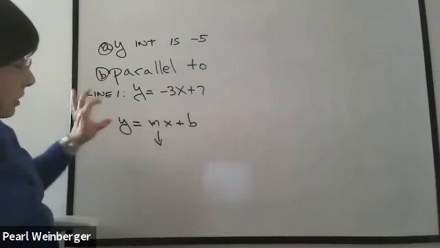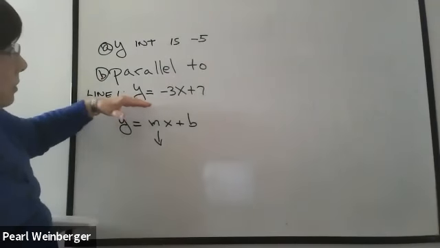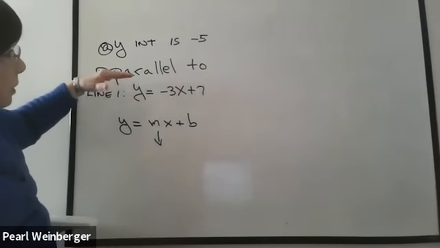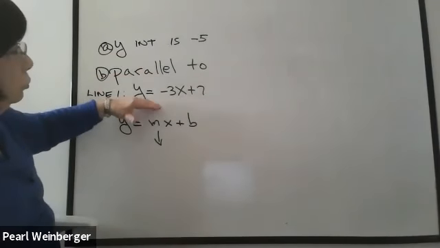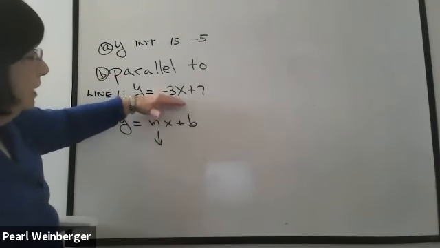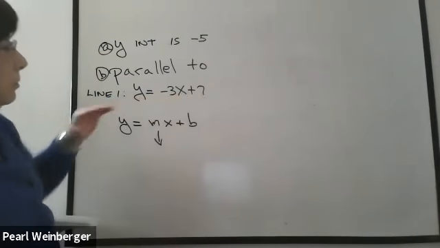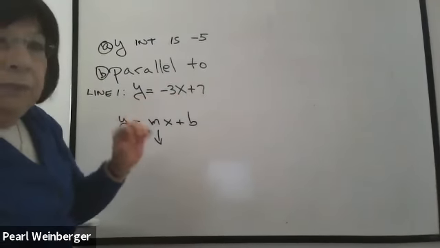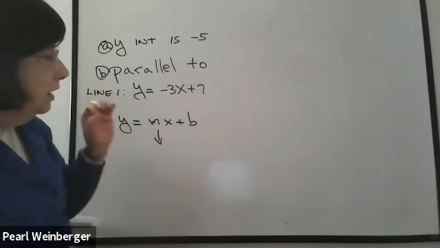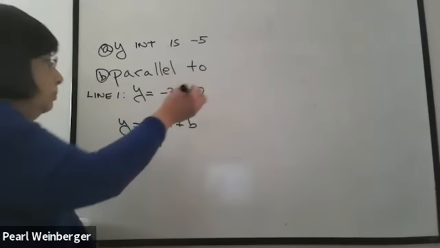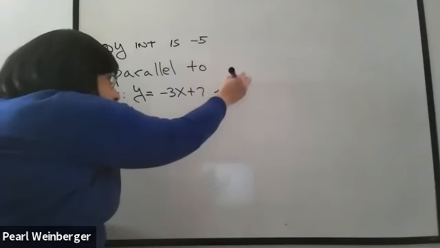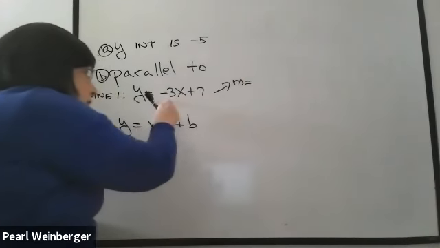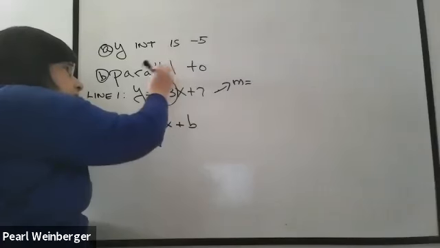So my first thing is, they told me that the line that I want to write the equation of is going to be parallel to y equals -3x plus 7. And I remember that parallel lines means they have the same slope. The slope of my original line is -3 because it's the number in front of the x.